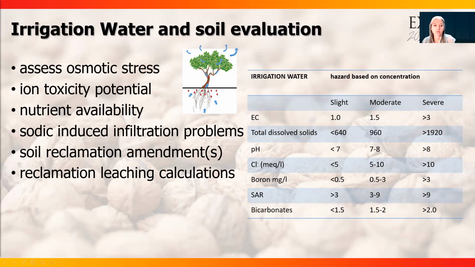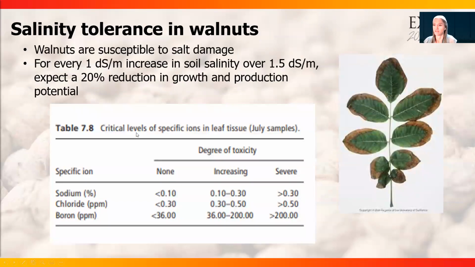Eventually we'll see those necrotic burns on the margin of leaves, and this is known as specific ion toxicity. These are the necrotic leaves that I showed on the previous slide.